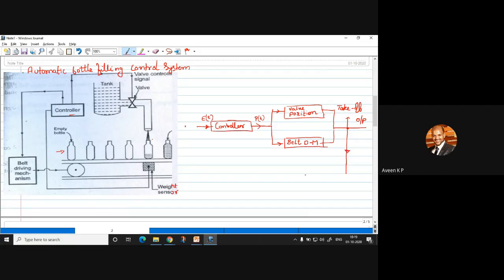So we will be taking the feedback, and here the feedback will be taken by the weight sensor, and it will be passed.